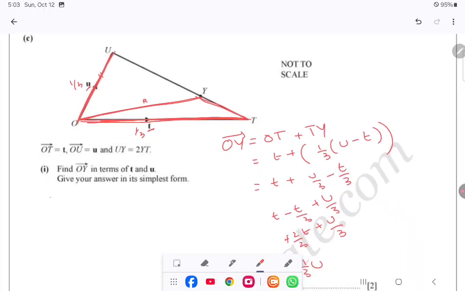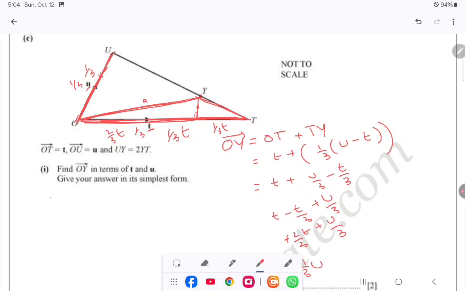Now the OY here is 2 over 3 of T, and the YZ is 1/3 of this U, and this is the part we have to calculate.